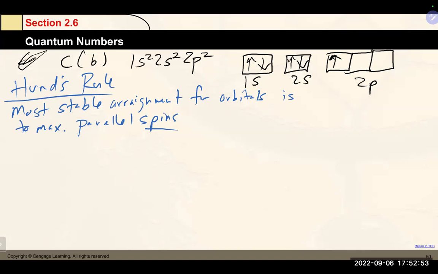A couple of terminology points here. Our spins, say in this first orbital, are going opposite of each other. They're what are sometimes referred to as paired spin. Those guys are paired off. They basically cancel each other out in a sense. Parallel spins means that the spins of the electrons are basically going in the same direction.